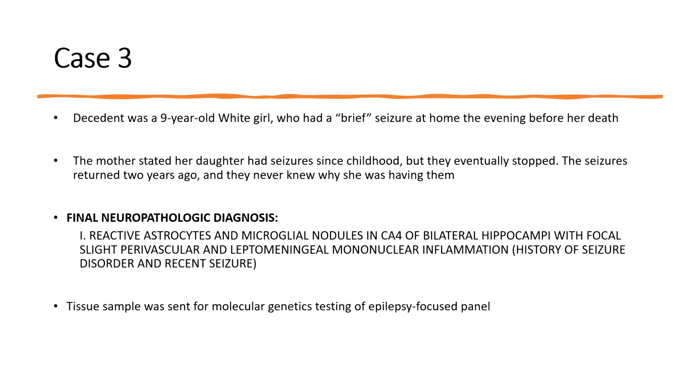The mother stated her daughter had seizures since childhood, but eventually stopped. The seizures returned 2 years ago, and they never knew why she was having them. Neuropathology examination showed cellular changes consistent with a history of seizure disorder and a recent seizure. A tissue sample was sent for molecular genetic testing of the epilepsy-focused panel.